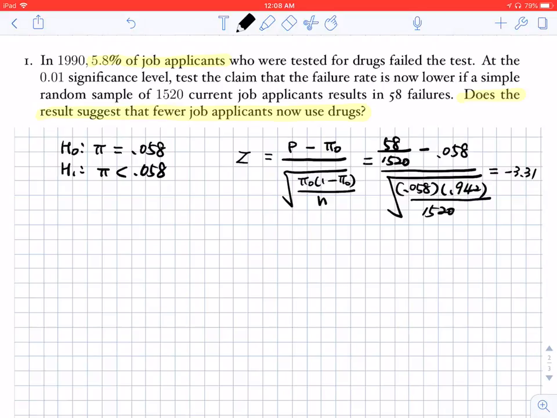So some questions always give many different values of alpha, or significance level. So can you test with all the different alphas at the same time, in a more efficient way?